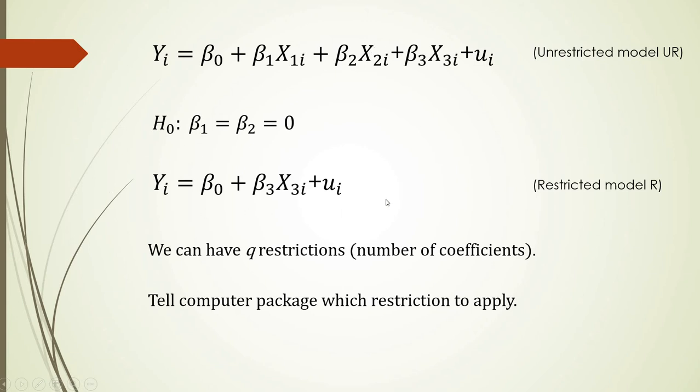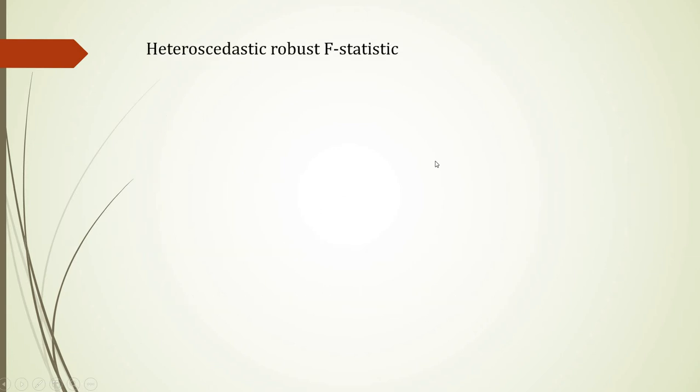And now we have our restricted model without these two coefficients. The number of restrictions is marked by the symbol q, and in this case it is 2. We need to tell the computer package which restrictions to apply in order to calculate the significance, and it is not straightforward work. We need to know how to write it in Gretl.